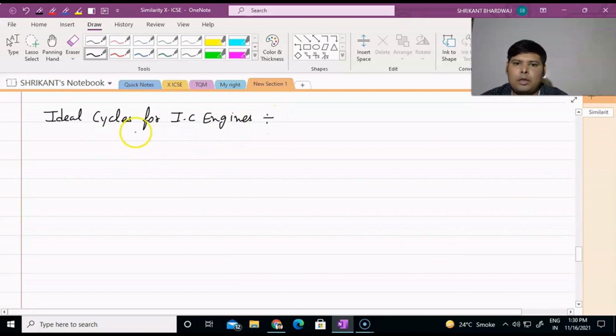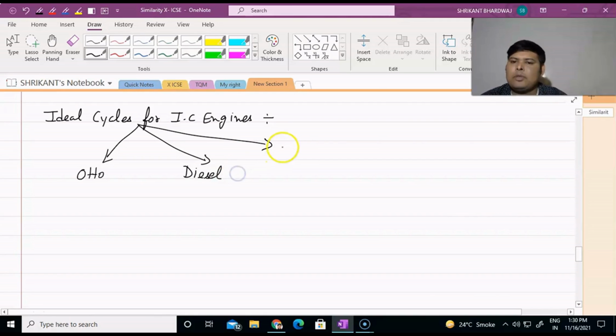Now, generally we are having three ideal cycles for the internal combustion or the IC engines. The first one is your Otto cycle, then diesel cycle, then dual cycle. So first we will deal with Otto cycle.